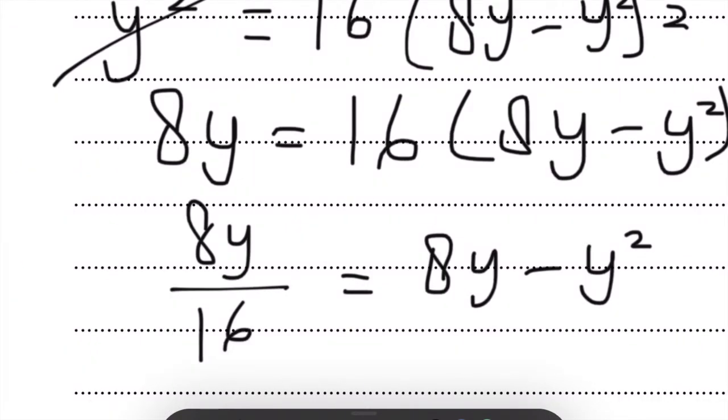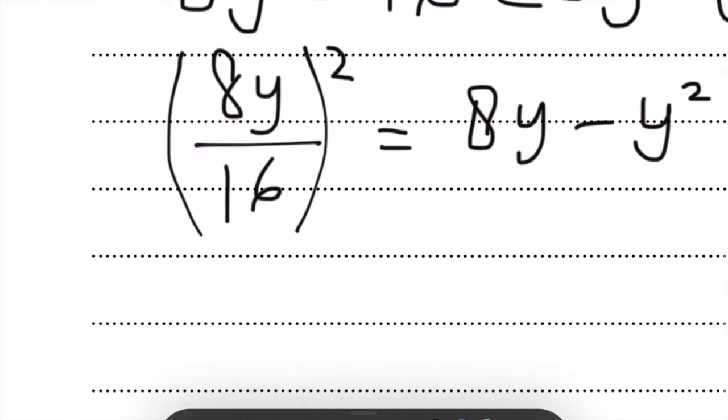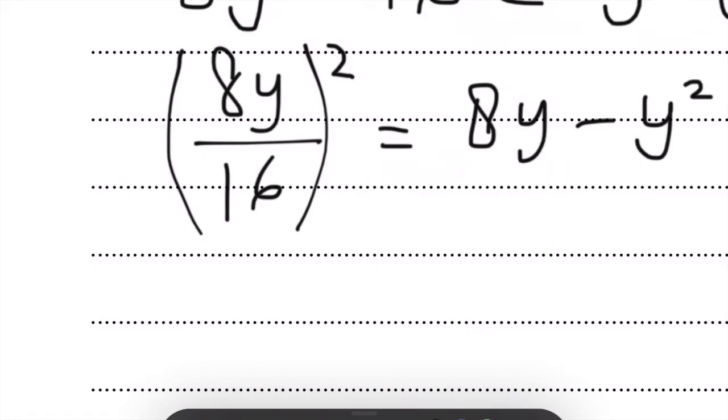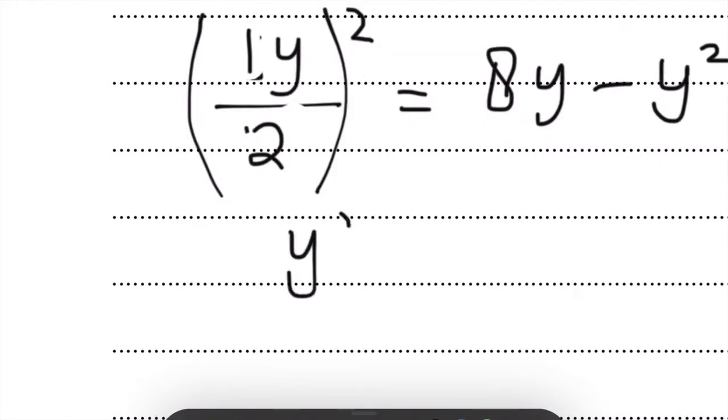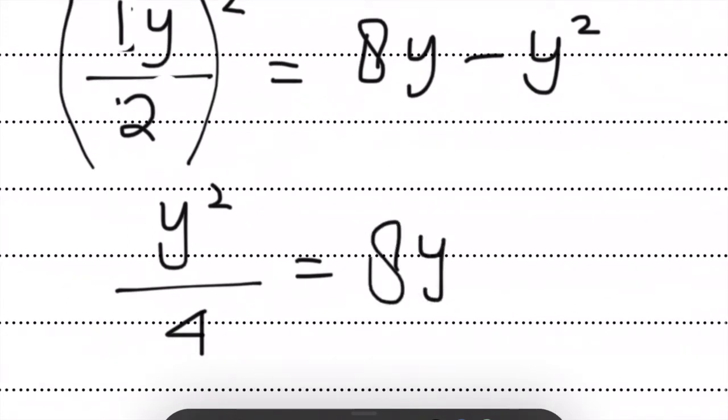And we will remove the square root by squaring the left side of the equation. Since 8 over 16 is 1 over 2, I will just write half over. Now we get y squared divided by 4 is equal to 8y minus y squared.